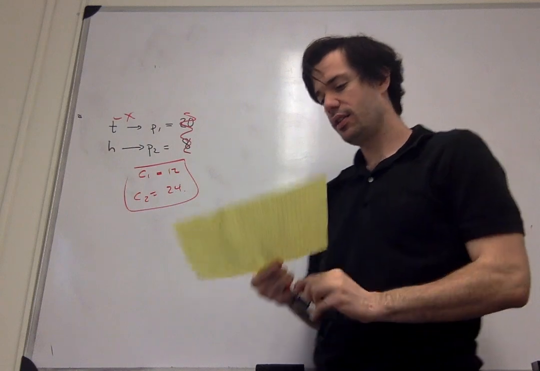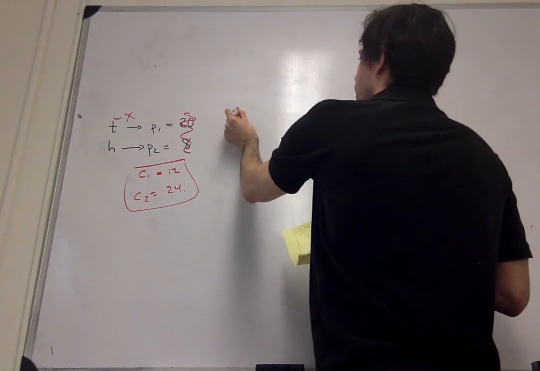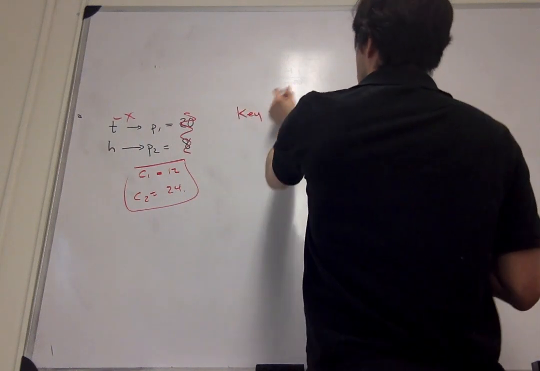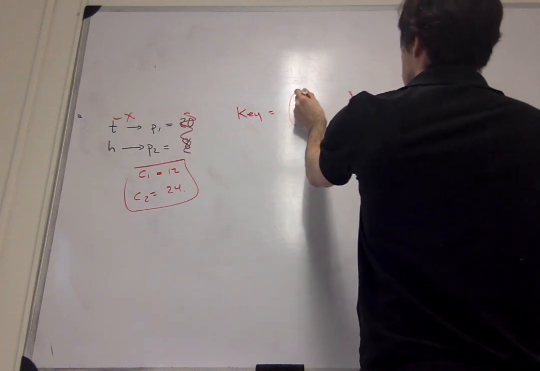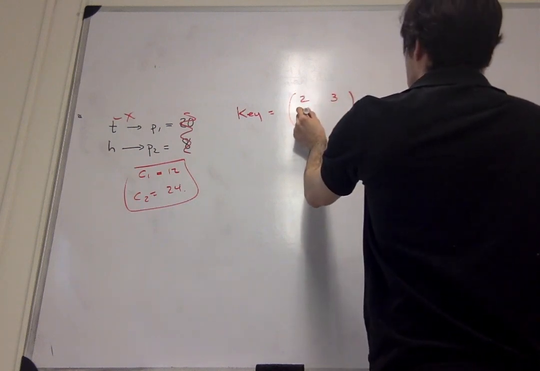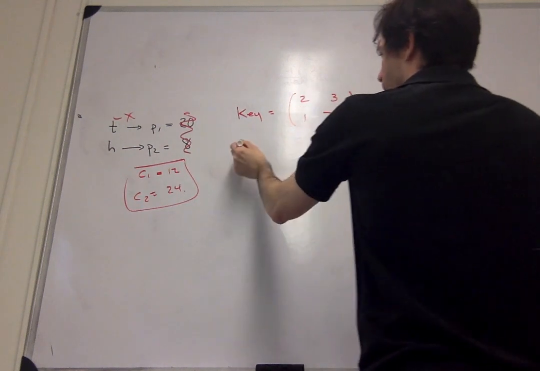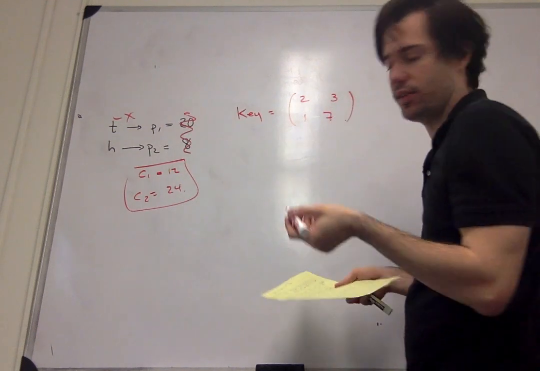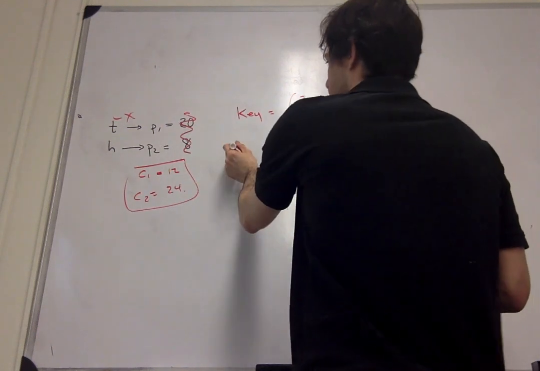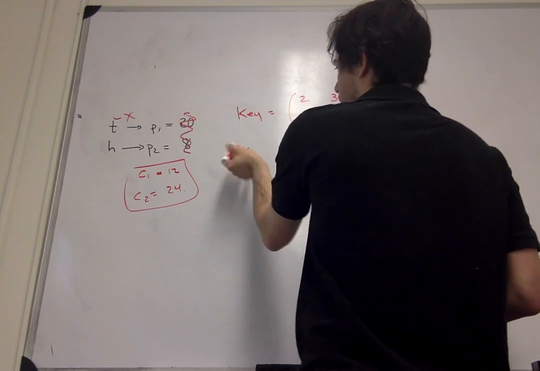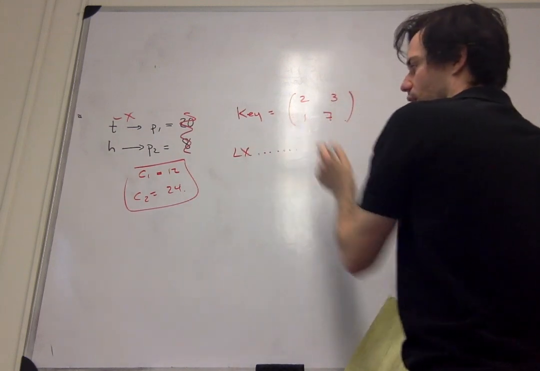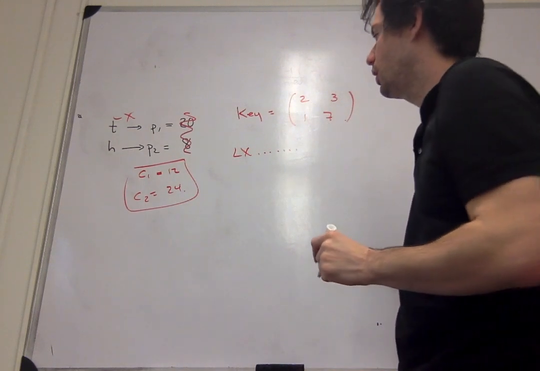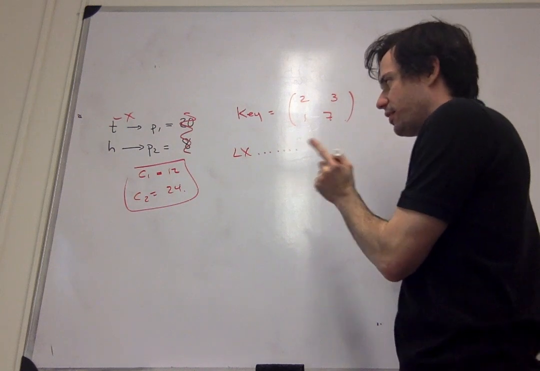You know the key. So you know the key is 2, 3, 1, and 7, and you have an encrypted message. Okay, and let's say that the encrypted message was LX, and then a whole bunch of other stuff, right? So that's all you know.